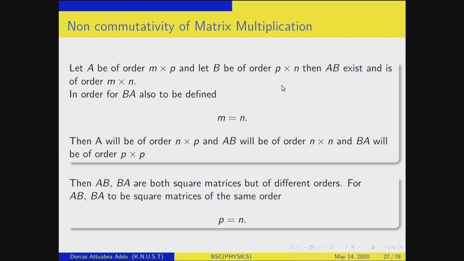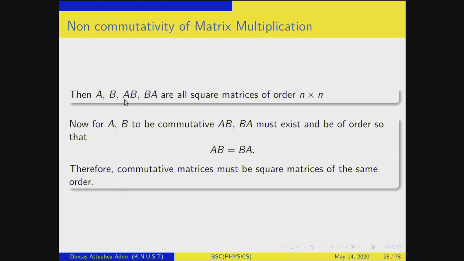So for AB to be equal to BA, this is what we are saying. It means that initially A and B are both square matrices. So if I find the product of two square matrices, then I'm getting AB, which is going to be a square matrix. And if I find BA, it's also going to be a square matrix. So for AB to be commutative, AB and BA must exist.